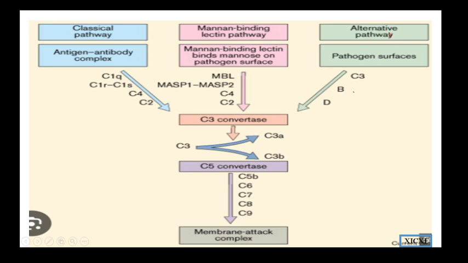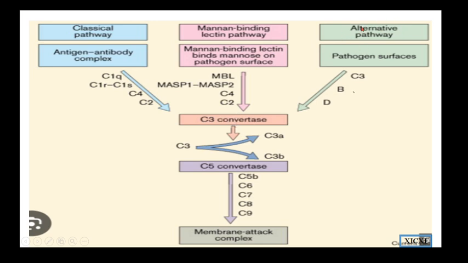Lipopolysaccharides, if present, which pathway is going to be activated? Very good, the alternative pathway. Remember, in all of them we have C3 convertase, but they are different. In the classical pathway, remember, it is C4b and C2a, and this is C3 convertase. In the mannose pathway, remember, it is the same: C4b and C2a, which is C3 convertase.